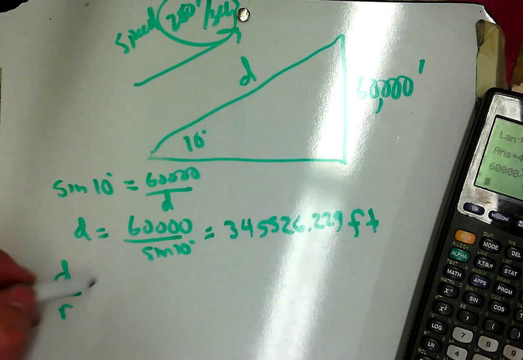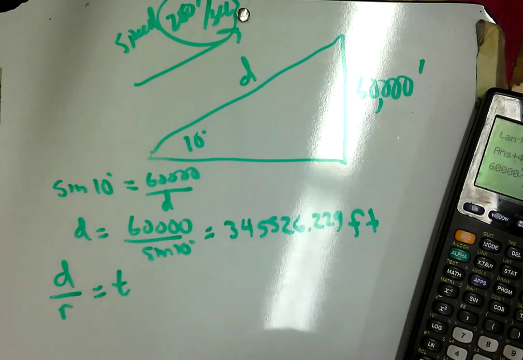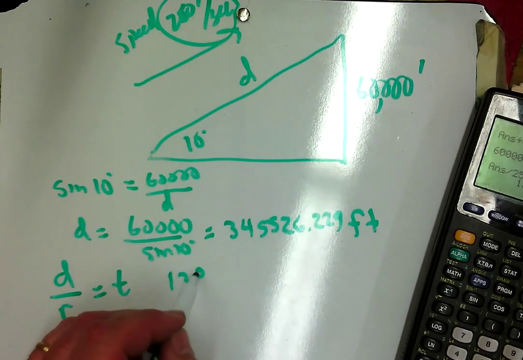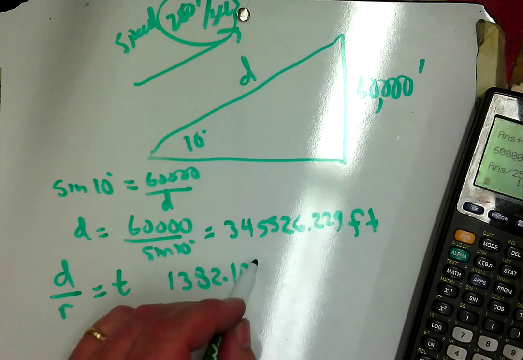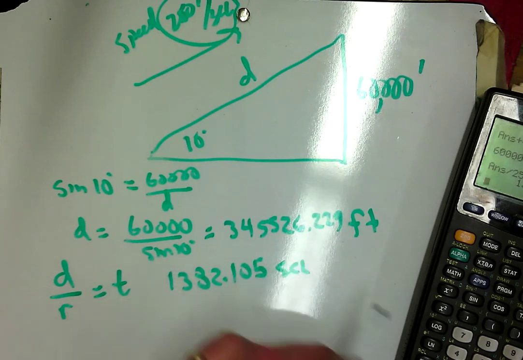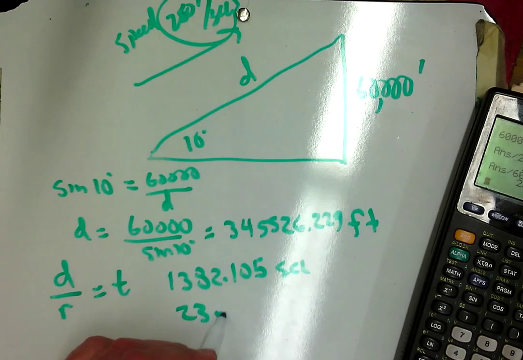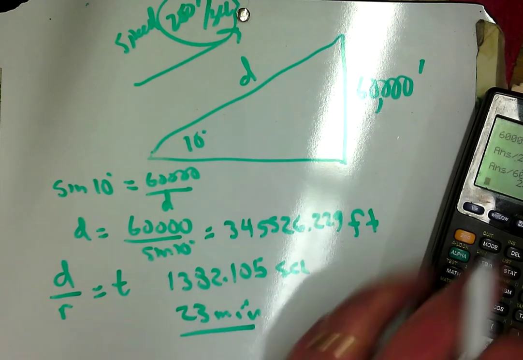Remember, distance divided by speed will give us time. If we take that number and divide it by his 250 feet per second, it's going to take him 1382.105 seconds. If we divide that by 60, it's going to take him 23 minutes to get there.